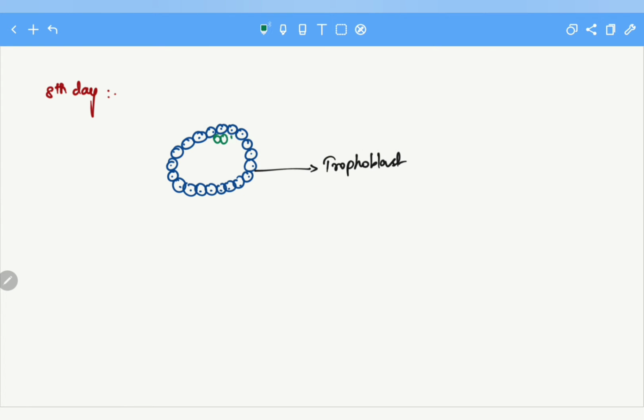This is the embryoblast, which is the inner cell mass. The pole at which the embryoblast is attached to the trophoblast is called the embryonic pole, and the other pole is called the abembryonic pole.